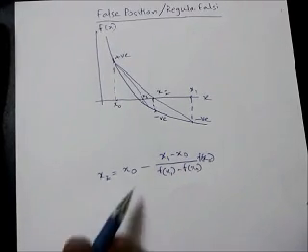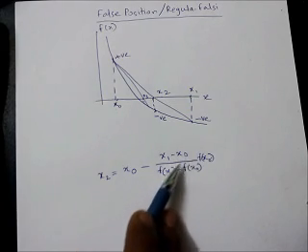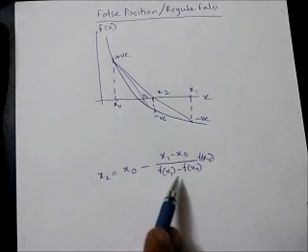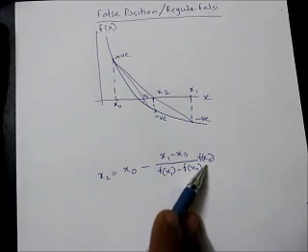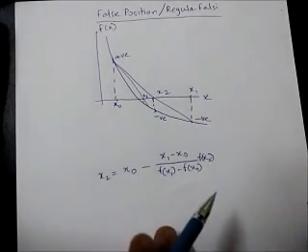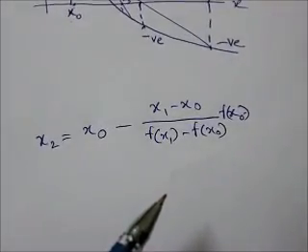Let's take a look at this. x2 is equal to x0 minus (x1 minus x0) divided by (fx1 minus fx0) into fx0. Alright, I hope this is visible to everyone.